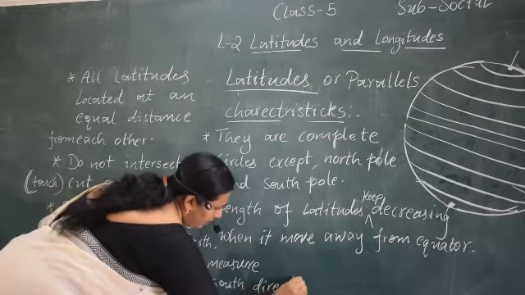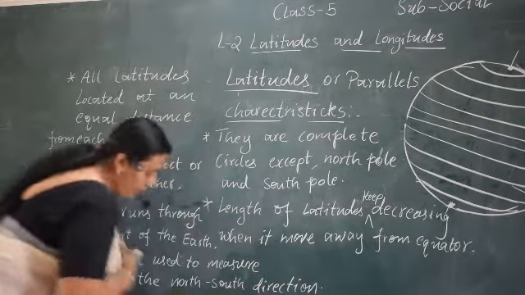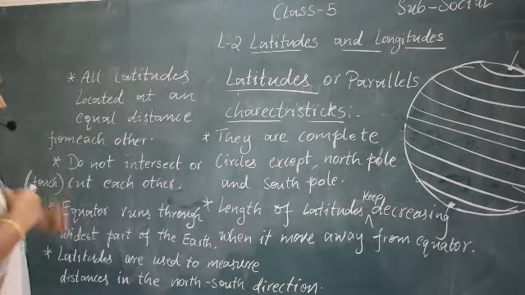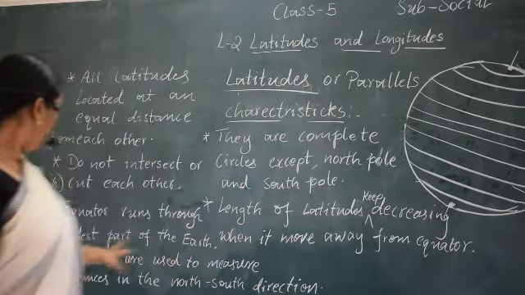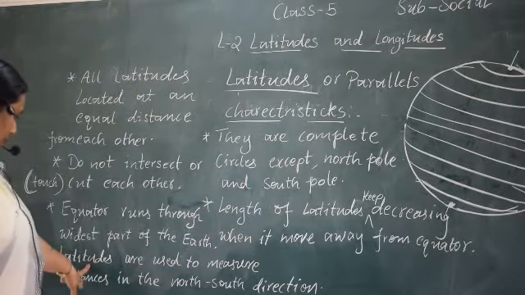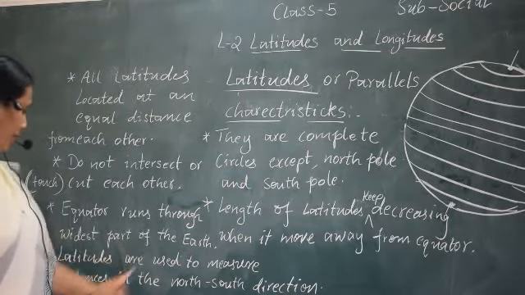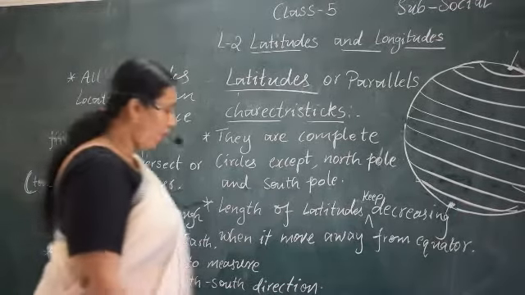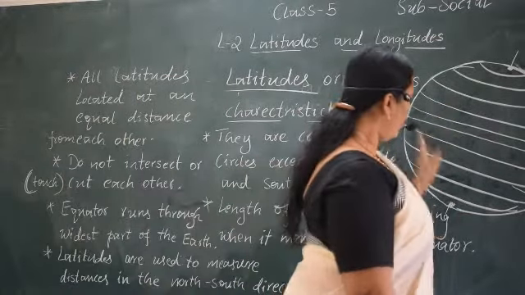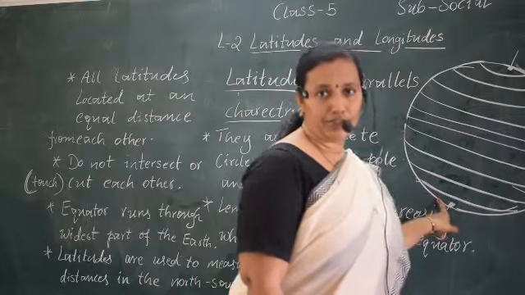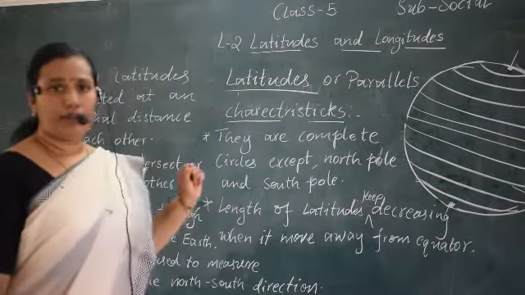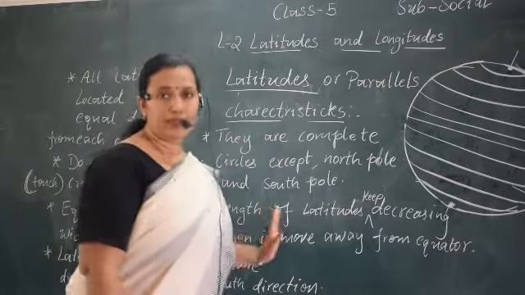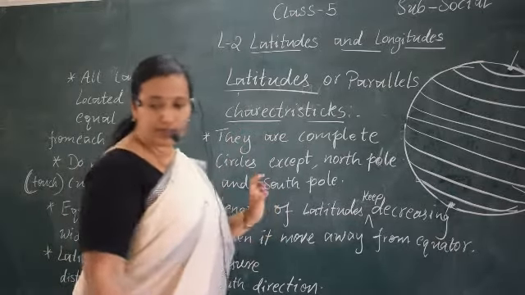Okay, children. So these are the characteristics of latitudes. So last one I told you, latitudes are used to measure distances in the north-south directions. So once again I will repeat those characteristics of latitudes.